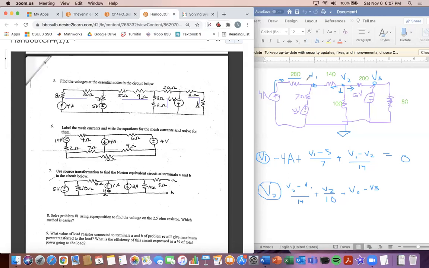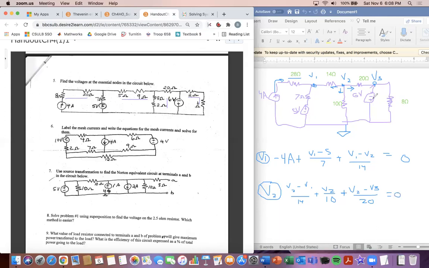Because remember, this resistor is in series with this current source. The current going in must equal the current coming out in a series combination, so the current going through is the same. So the 28 ohm resistor does not affect it. Okay, so right here we have plus V2 minus V3 all over 20, and then set that equal to 0.